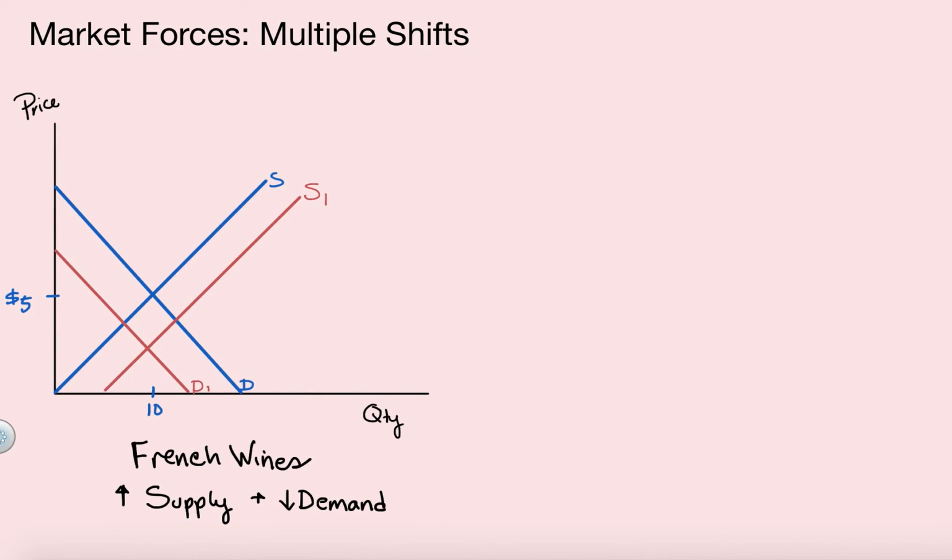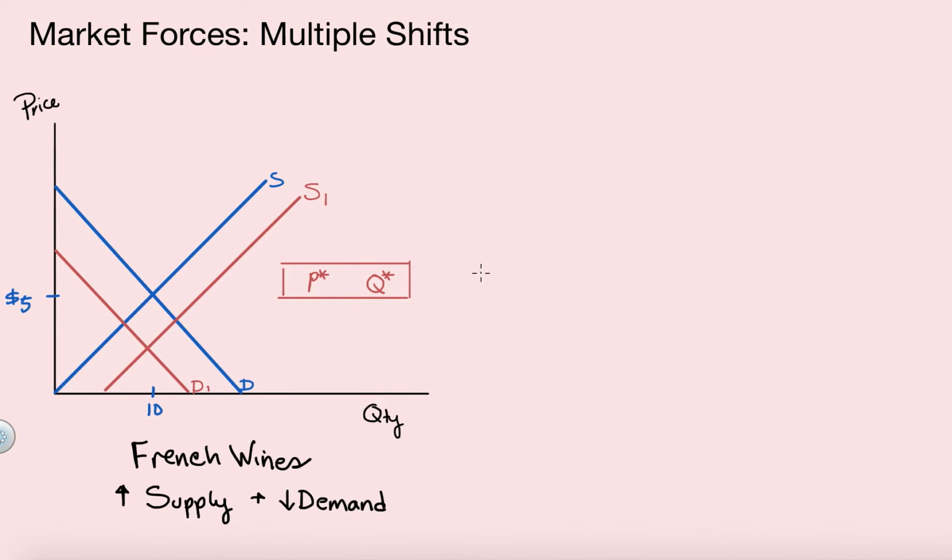So now you need to predict what's going to happen to the equilibrium price and quantity. Okay, Bevmo is not interested in your graph as much as they are in finding out what's going to happen to the equilibrium price and the equilibrium quantity for French wines.